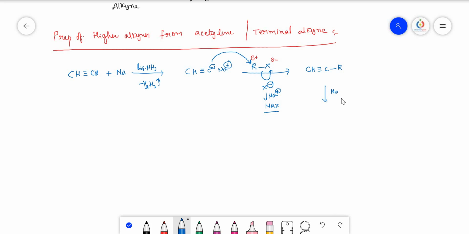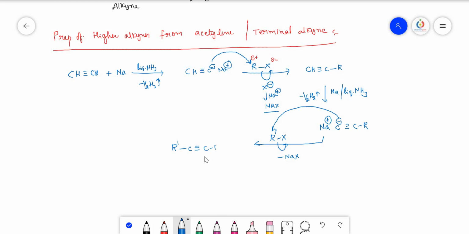So again you can make this molecule react with sodium in the presence of liquid ammonia. There will be loss of half mole of hydrogen gas, and we now get sodium alkynide. This sodium alkynide, again when you subject it to another alkyl halide, the negative charge attacks the alkyl part and replaces the halogen, so that sodium halide is eliminated as a byproduct, and now we get R dash C triple bond C R.